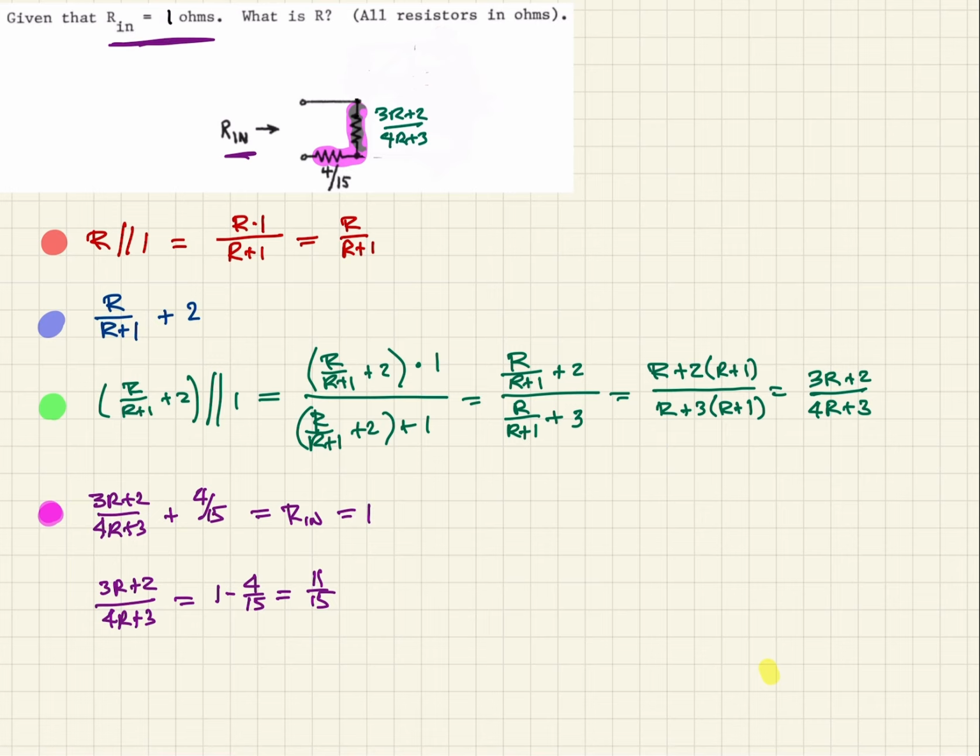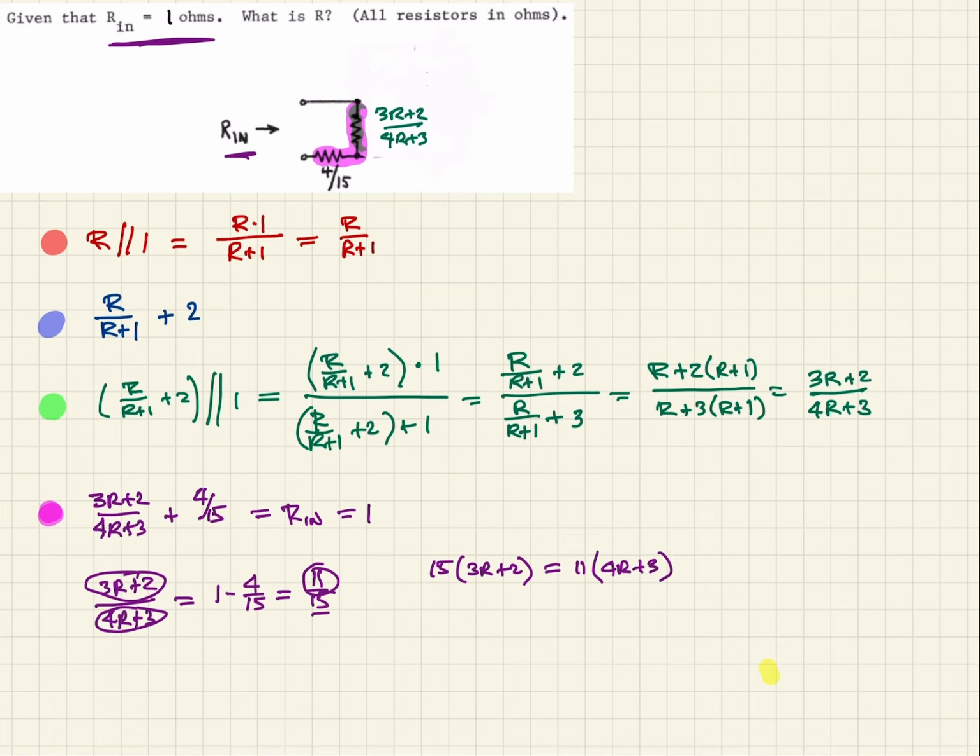So now we can cross multiply. We have one equation, one unknown. So if we multiply 15 times 3R plus 2, that's going to be equal to 11 times 4R plus 3.